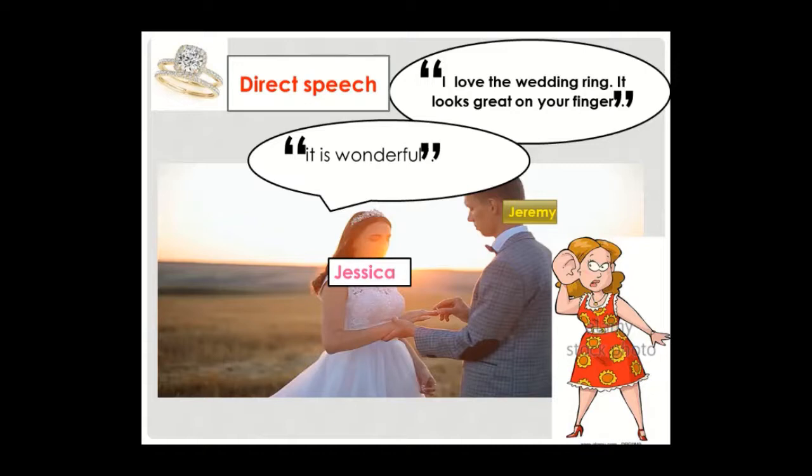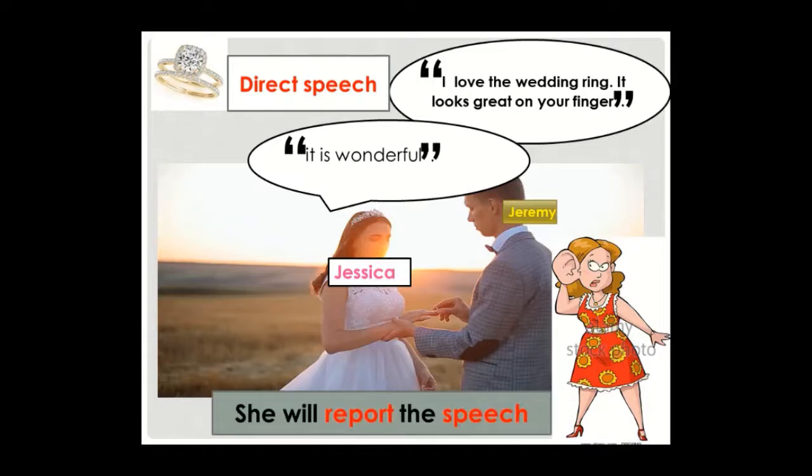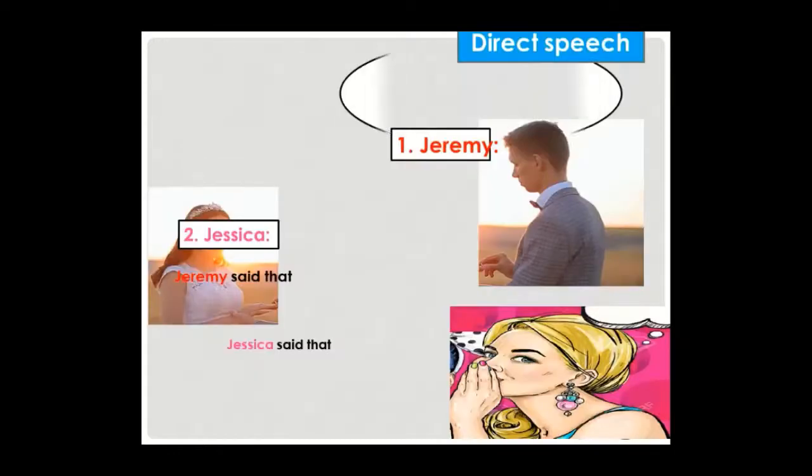Yes, she will report the speech. When we say report, she will go and tell somebody else the speech of Jessica and Jeremy. So we call this reporting the speech. Good.